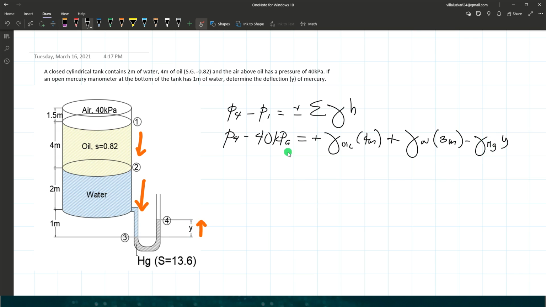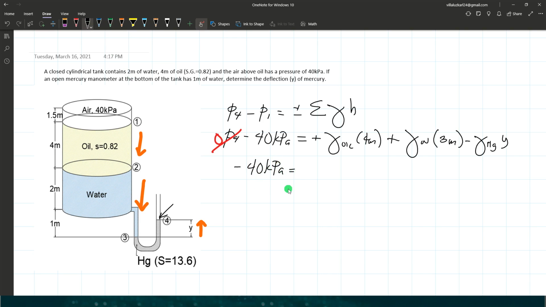So we put y here. The pressure at point 4, that's the free surface of the mercury, so it has no pressure there. There's no external pressure present above point 4, so that's equal to 0, since we're concerned here with gauge pressure. So this is 0.